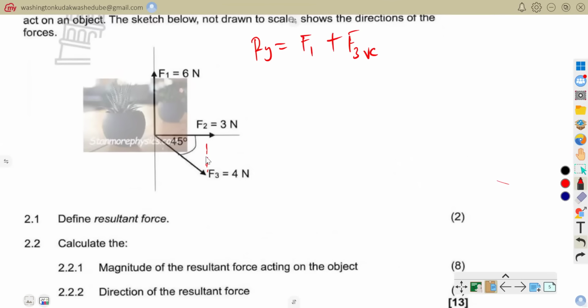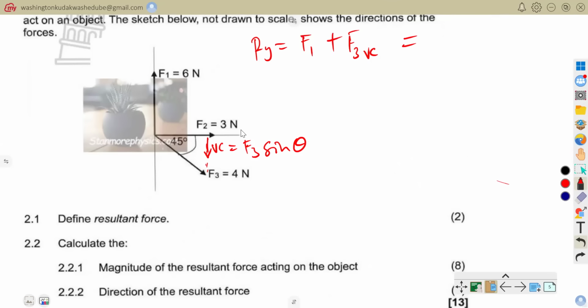And how do we find the vertical component of F3? You can see that F3 is acting on a slanted angle pointing downward. So this vertical component would be given by F3 sine theta, and that theta is 45.